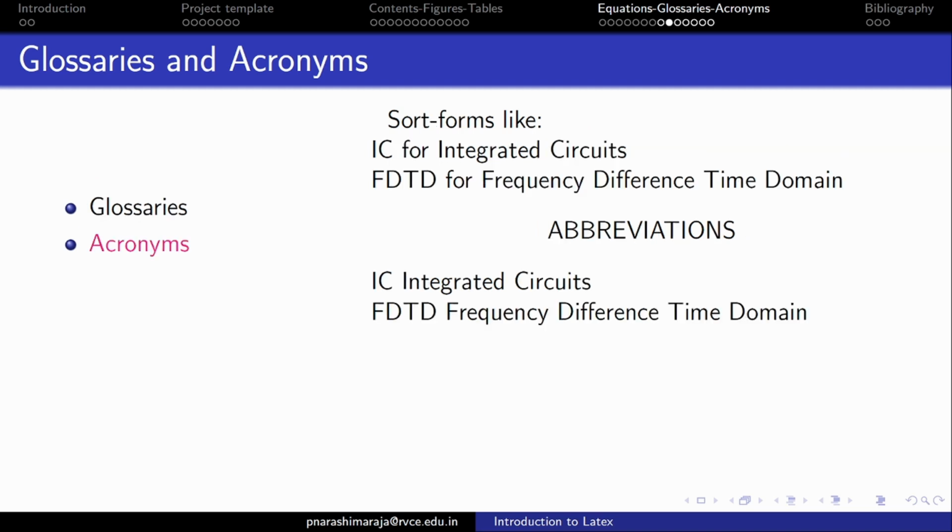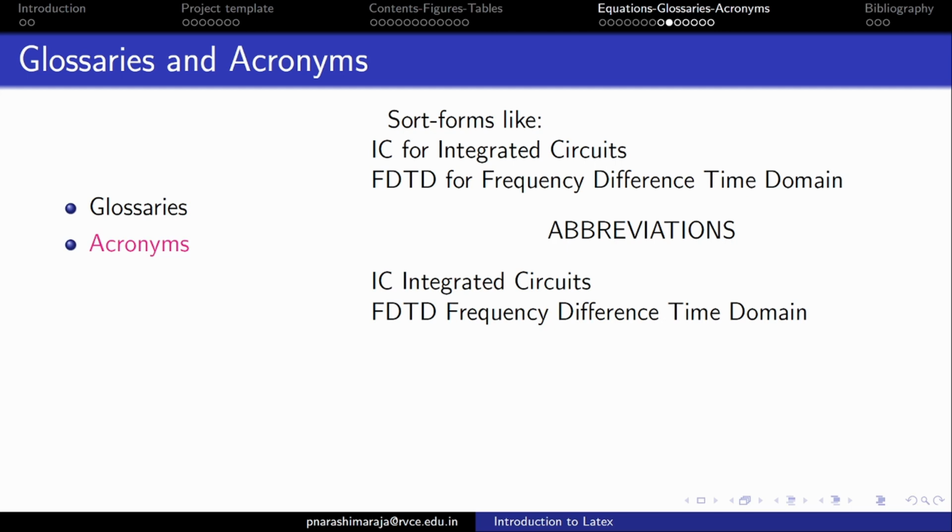Acronyms are nothing but abbreviations or short forms, like IC for integrated circuits, FDTD for finite difference time domain, and you may need these abbreviations throughout the report, and also want to mention them under the list of abbreviations page in your report, so that the readers of your report know what these abbreviations are.